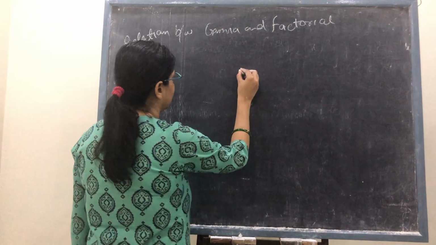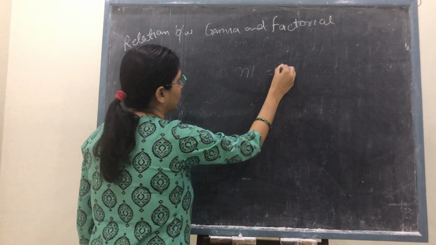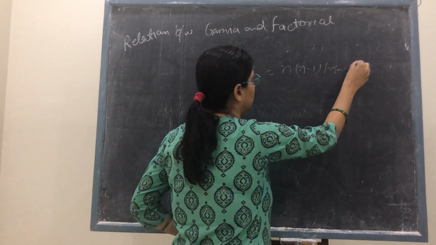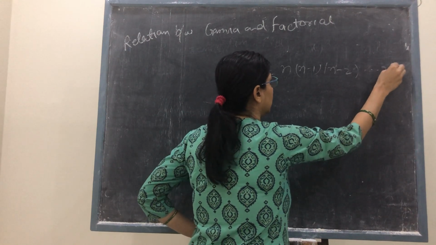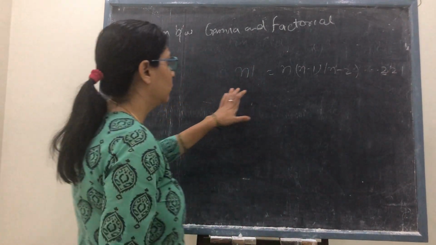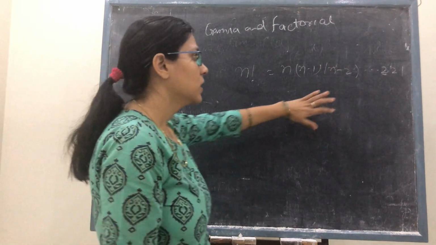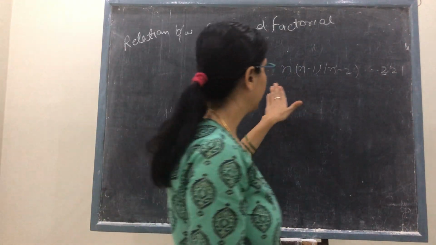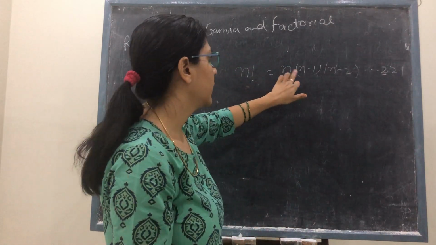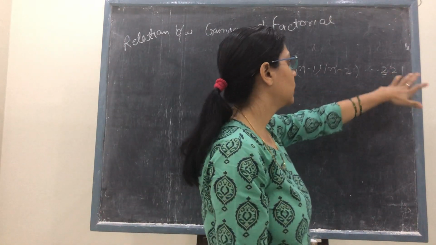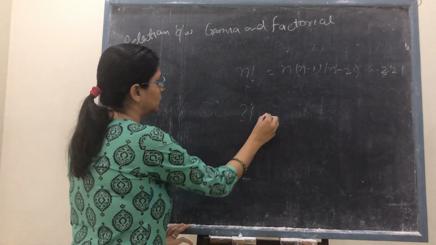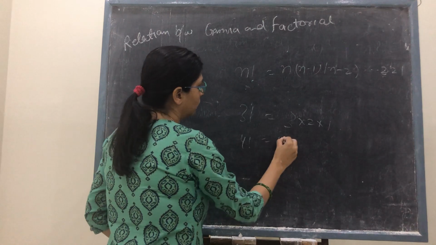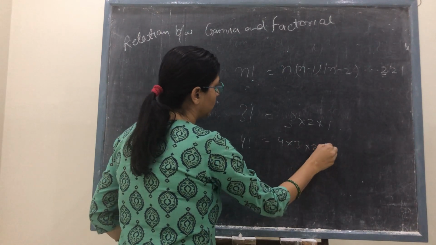We have also studied that factorial n is n into n minus 1 into n minus 2 and so on, down to 3, 2 and 1. I think everyone knows this formula. If anybody doesn't know, we can write it. Factorial 3 is 3 into 2 into 1. Factorial 4 is 4 into 3 into 2 into 1.